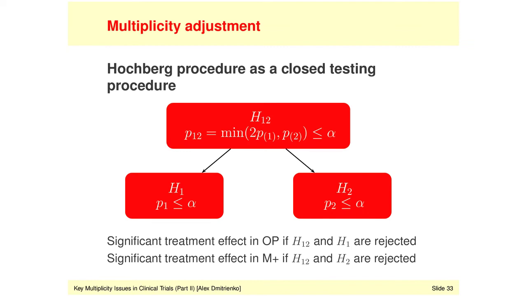And the same rule would apply to define a decision rule for determining a significant effect in the subpopulation M+. We can claim a significant treatment effect within the predefined subpopulation if H12 and H2 are rejected.